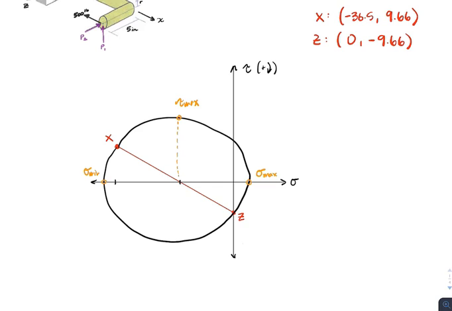In order to find those angles, we'll also be interested in finding the angle it takes to rotate to those principal stresses. This one, I'm going to call 2 theta p, because every degree you rotate on the stress block, on the Mohr circle, it's twice that. So that's one theta we're interested in. Another one is how it rotates from here all the way up to tau max. We'll call that 2 theta s.